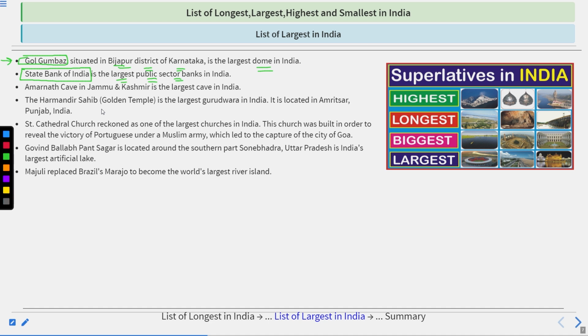Thereafter, the Bank of Bombay and Bank of Madras got established. All these three banks got merged in 1921 to establish the Imperial Bank of India. And this Imperial Bank of India in 1956 got nationalized as the State Bank of India. It is the largest public sector bank in India that is under the control of the Indian government.